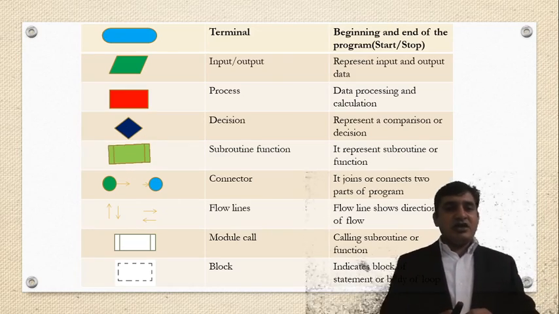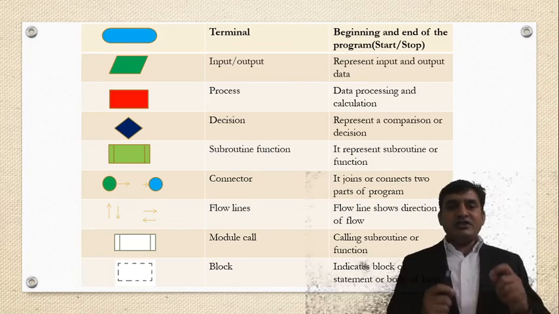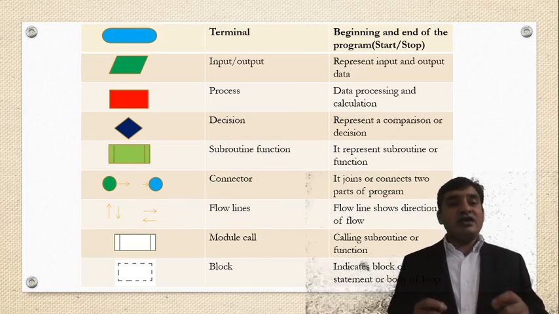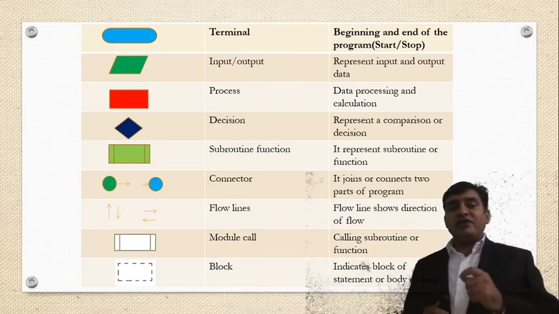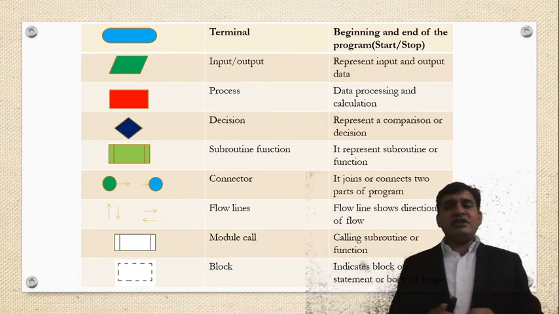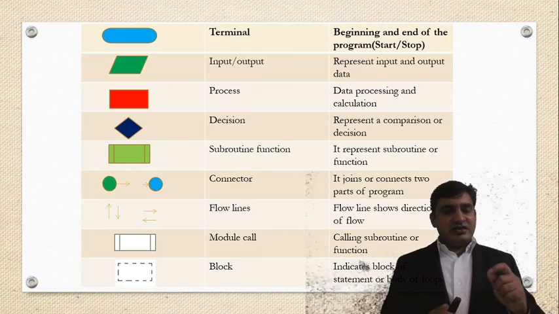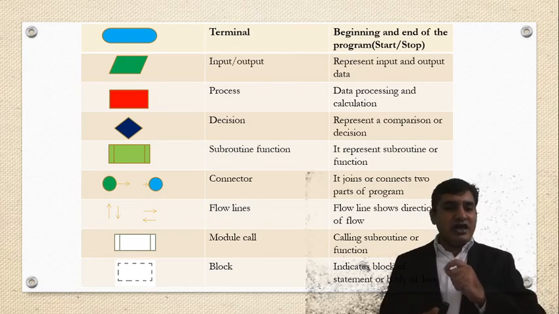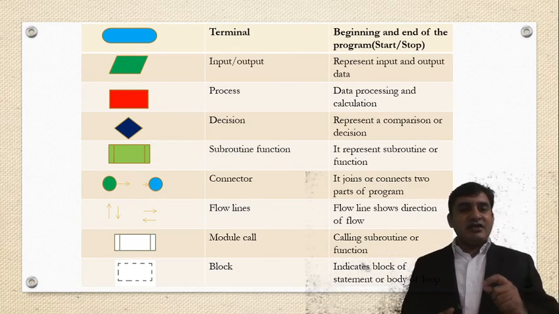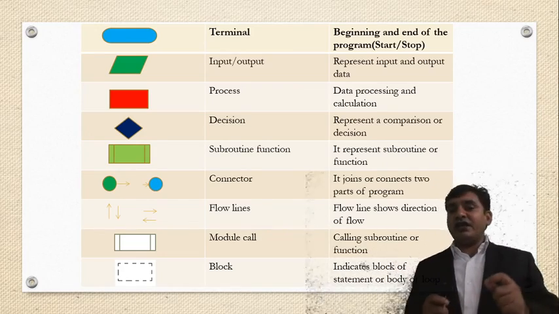Next symbol is a rectangle with two vertical lines, which is used for a subroutine or function. It represents a subroutine or function. Then the circle with an outgoing arrow and circle with an incoming arrow, it is used for a connector.